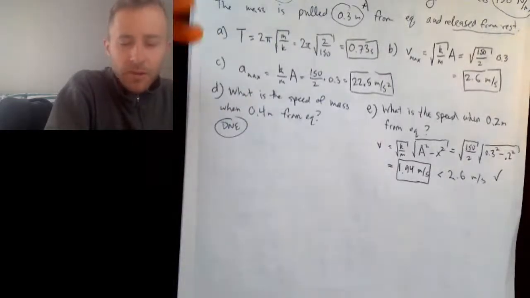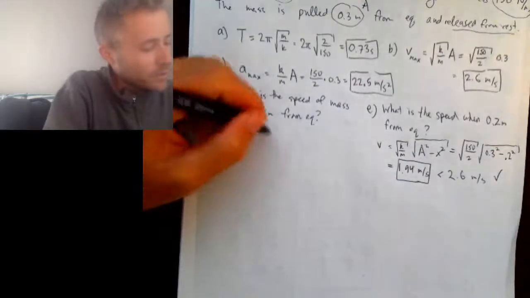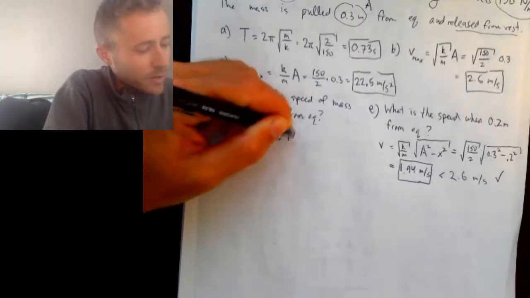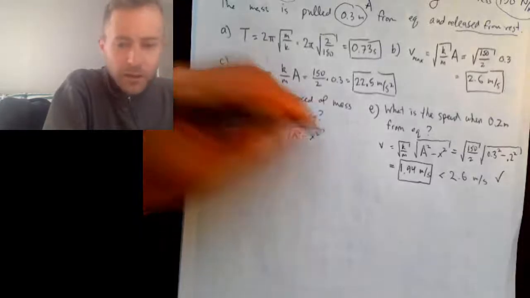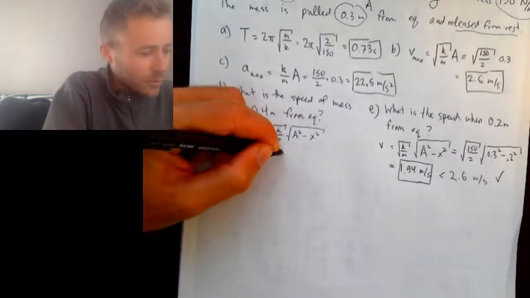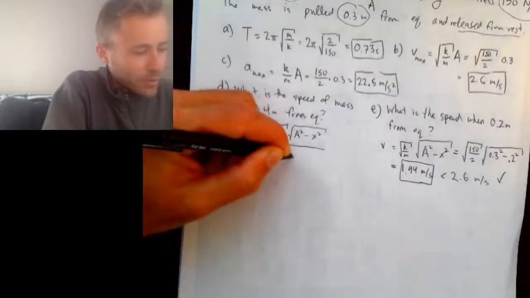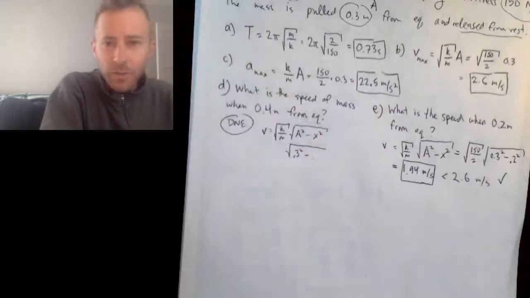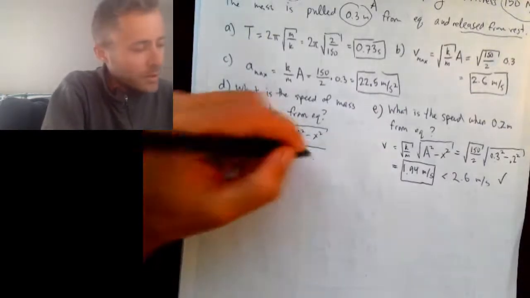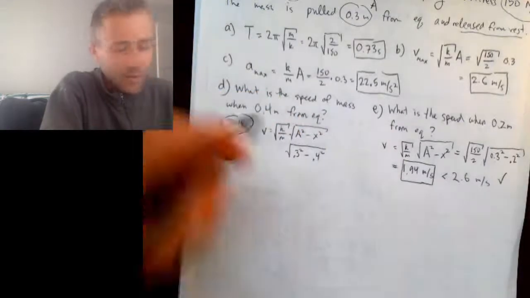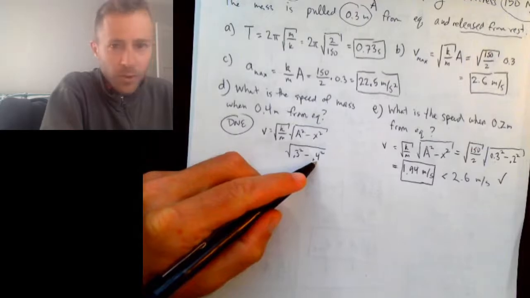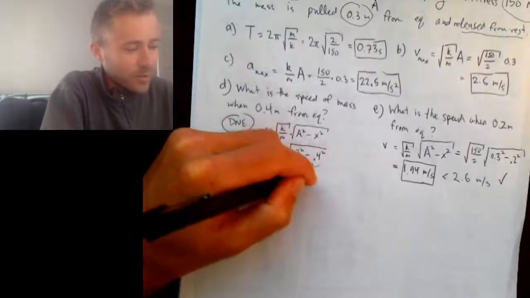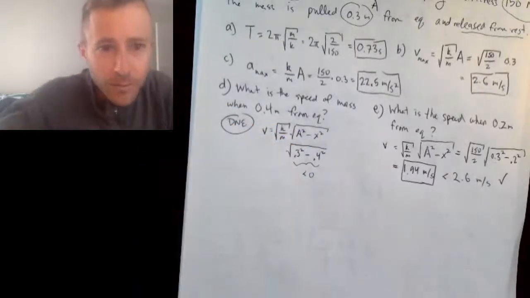So this does not exist. Undefined. It's kind of fun to see how the math works out in this case. So we could try to apply this equation, square root of k over m times square root of A squared minus x squared. When we do this square root part, the amplitude is 0.3, so we'd have 0.3 squared minus, and then the x value where we want to calculate the speed is 0.4. 0.4 is bigger than 0.3, so when we square them and subtract, we get a number that is less than 0, which we then have to take the square root of.